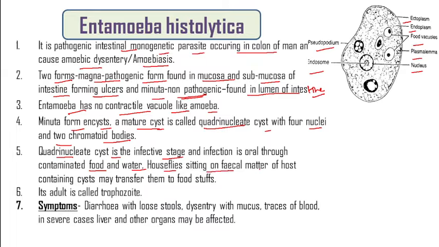Houseflies sitting on fecal matter of the host containing cysts may transfer them to foodstuffs. Its adult is called the trophozoite. It causes the disease which has symptoms such as diarrhea with loose stools, dysentery with mucus, traces of blood, and in severe cases the liver and other organs may be affected.